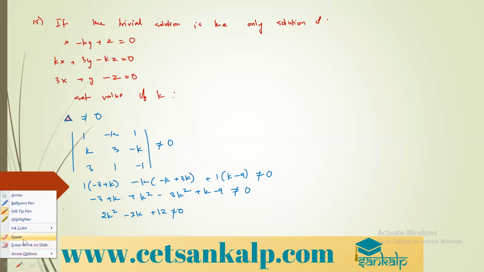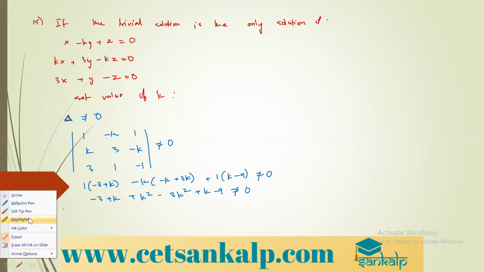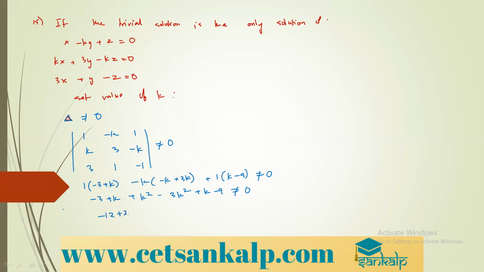Let me erase it and write clearly. So we are getting minus 12 plus 2k minus 2k square not equal to 0, or 2k square minus 2k plus 6 not equal to 0, plus 12, or k square minus k plus 6 not equal to 0.